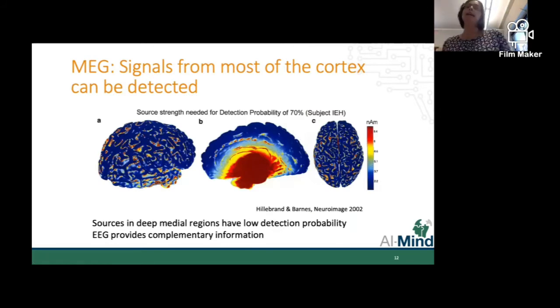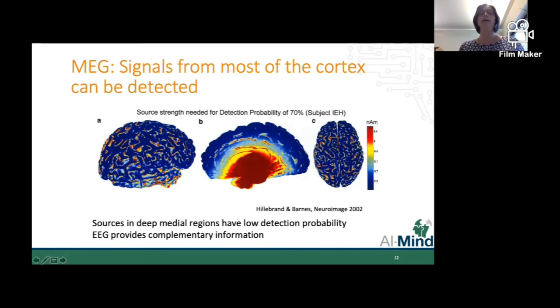Okay, so this was the case for a participant with a spherical head, but real participants do not have perfect sphere heads. But it is still true that the detection probability for a radial-like source is much lower.